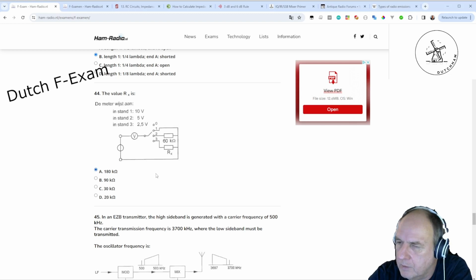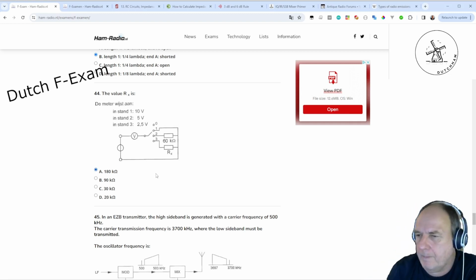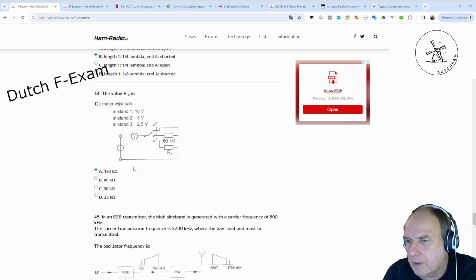Then we get that's 4. Yeah. Stay with 180 because then you have a 1 to 4 voltage divider. So yeah.